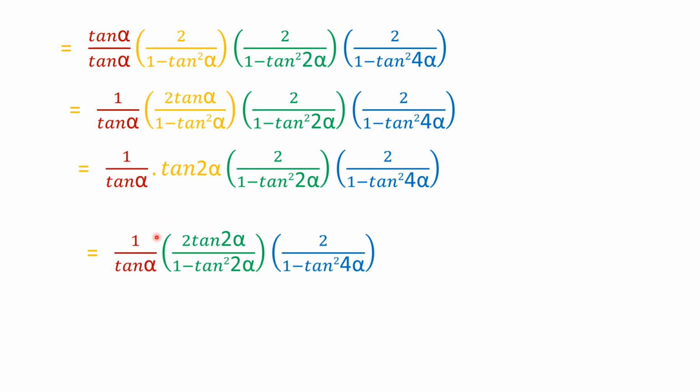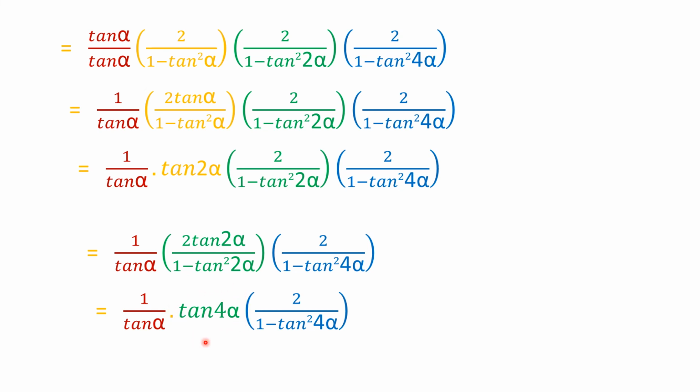Again, if you check properly, it goes in a formula. Can you guess which formula? Of course, it is again in the form of tan 2a, because tan 2a is 2 tan a over 1 minus tan square a. Is this clear? So ultimately we can write this as tan 4a, means tan 4 alpha. I have no confusion.